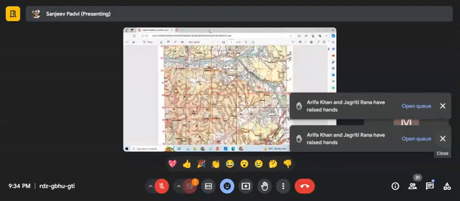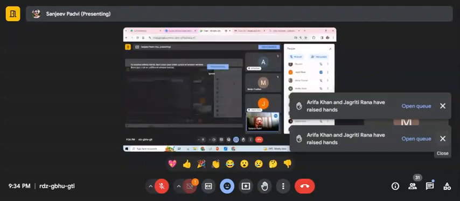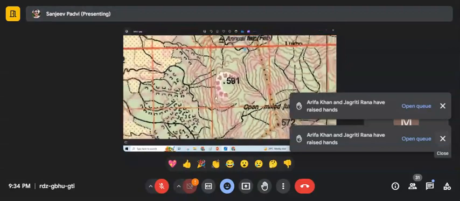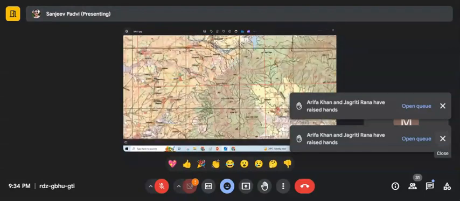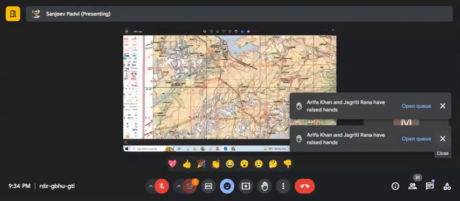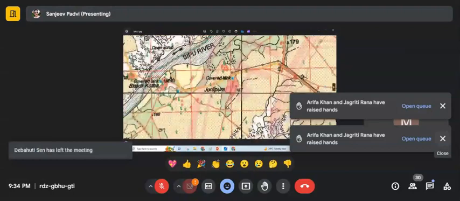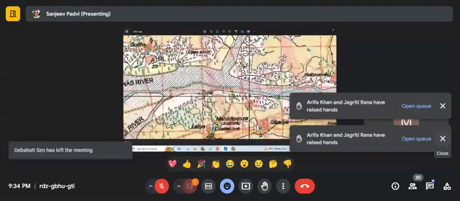Sir, can we call a canal on a topography map a river? No. Wait. Okay.